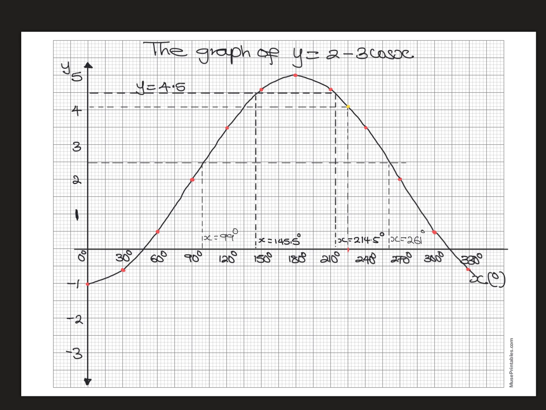All right, so as you can see, it is one small box above the 4 unit of the y-axis. So which means it is 4.1, because each small box on the y-axis is 0.1 unit. So which means when x is 225 degrees, y is 4.1.